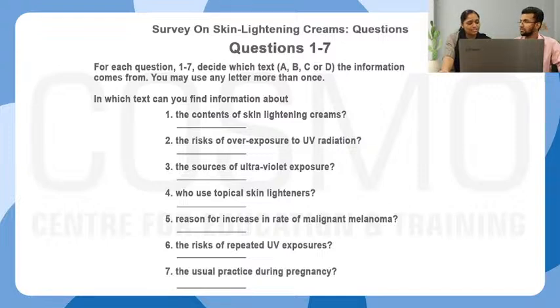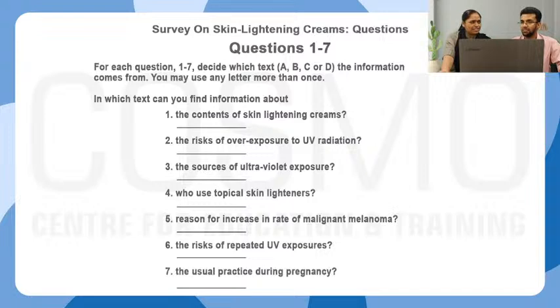I think we can go with the second question: the risk of overexposure to UV radiation. I believe the keywords for UV radiation came in text C. Text C was about UV radiation and aging. So I think this UV radiation can be found in most of the texts.